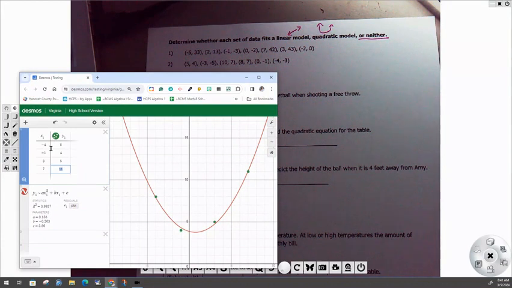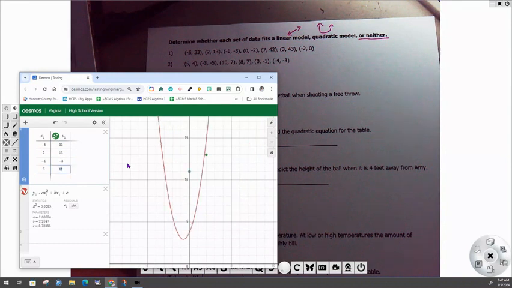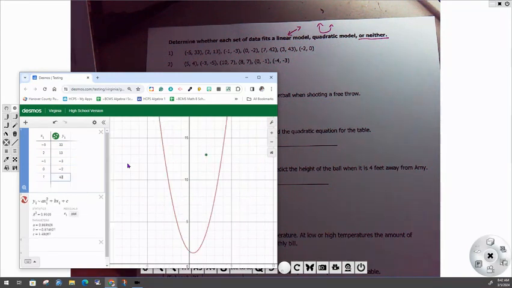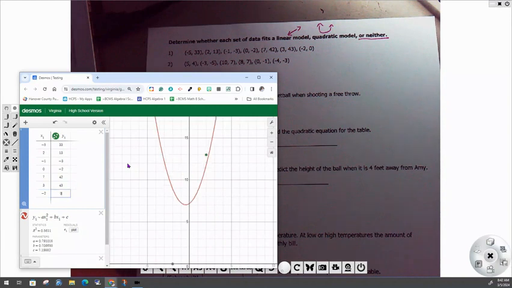Okay, so I'm going to change this to be negative 5, 33, 2, 13, negative 1, negative 3, 0, negative 2, 7, 42, 3, 43, and negative 2, 0.